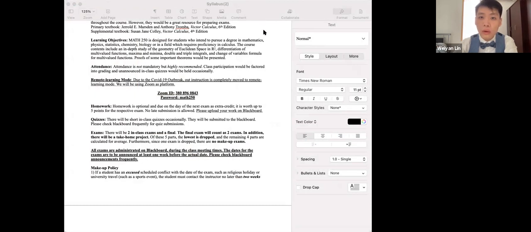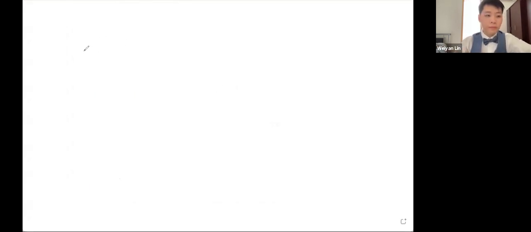The whiteboard. So remember in Cal 1, we're dealing with functions with only one variable, so f(x) equals y.